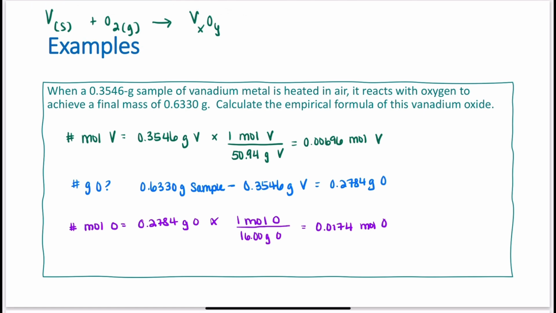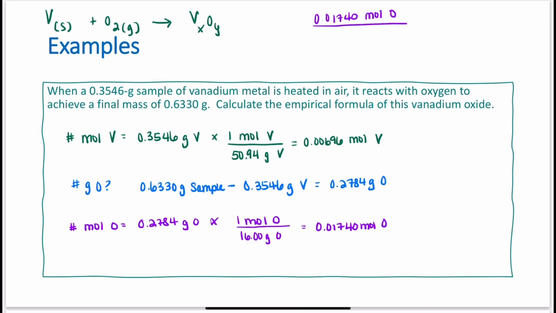And I see that my vanadium moles are smaller than my oxygen moles. Let me check that. We should definitely have one more sig fig there. 0.2784 divided by 16, 0.01740 here.